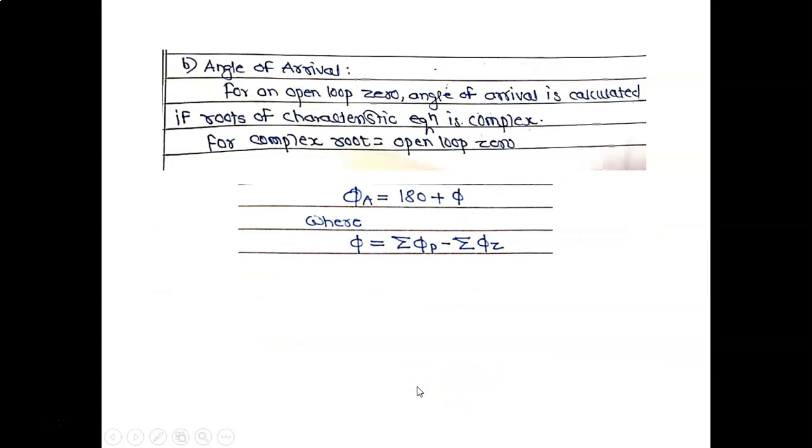Now angle of arrival: for an open loop zero, the angle of arrival is calculated if the roots of the characteristic equation are complex. For a complex root which is an open loop zero, the angle of arrival phi a is equal to 180 degrees plus phi, where phi is equal to summation of phi p minus summation of phi z.